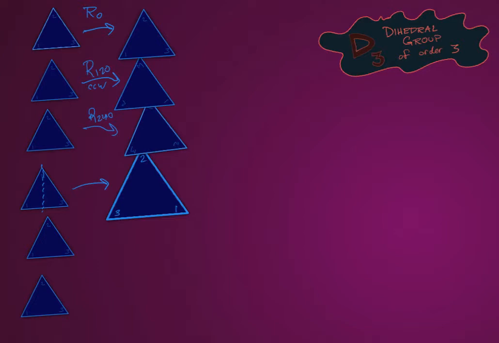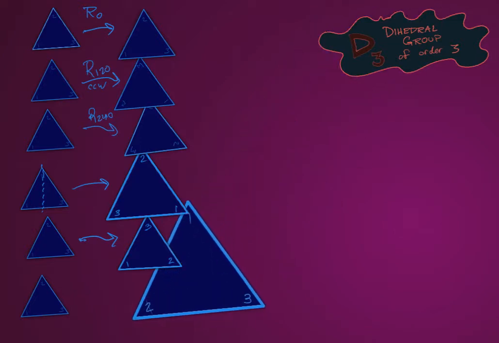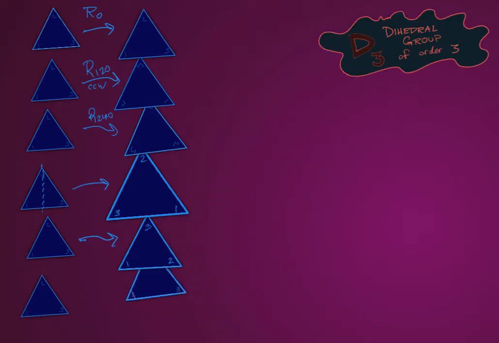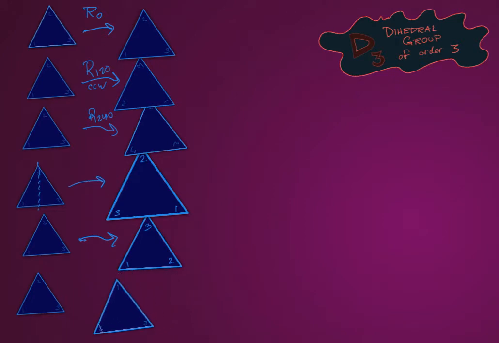The second one, we could hold that 1 fixed. It's going to become this if we reflect 2 and 3. And then lastly, if we were to hold that 3 fixed, 1 and 2 are going to flip. And so that's the last one there.